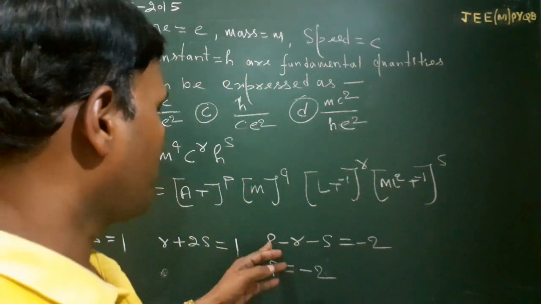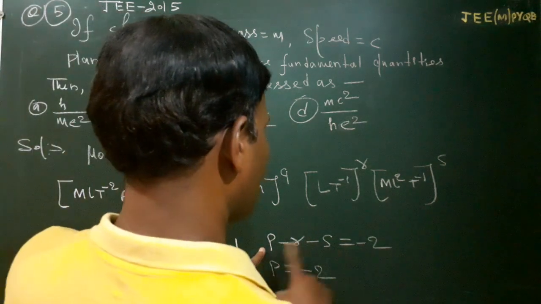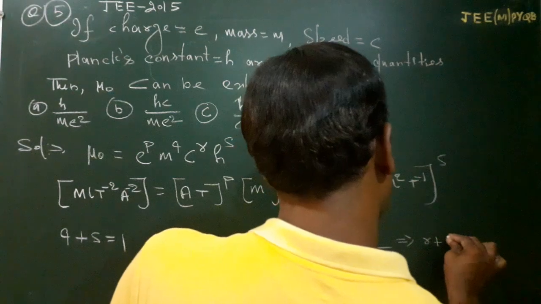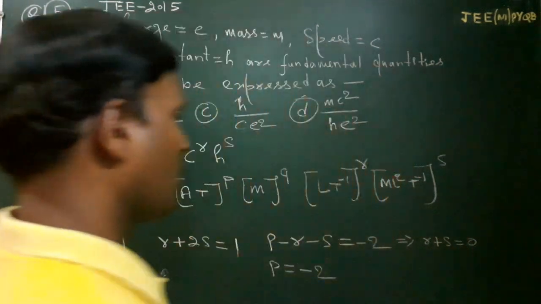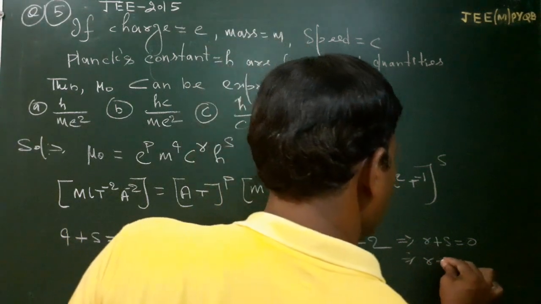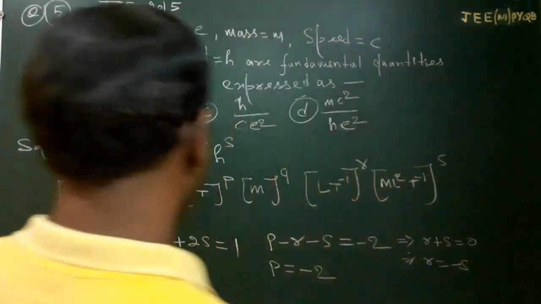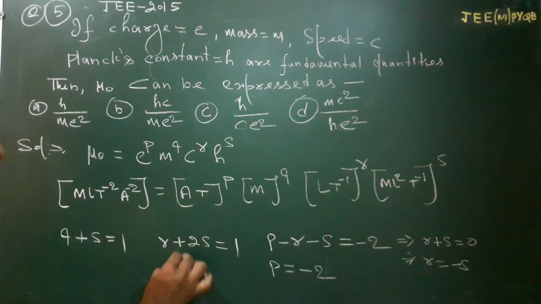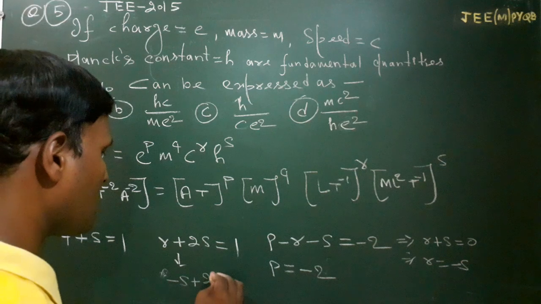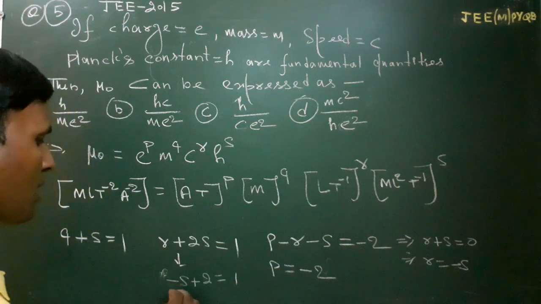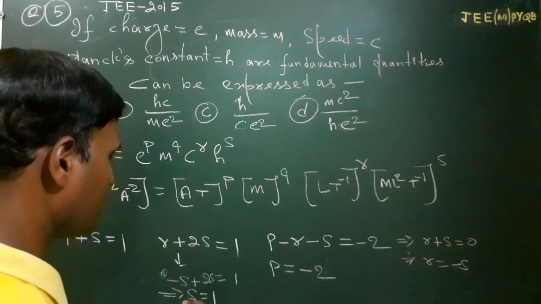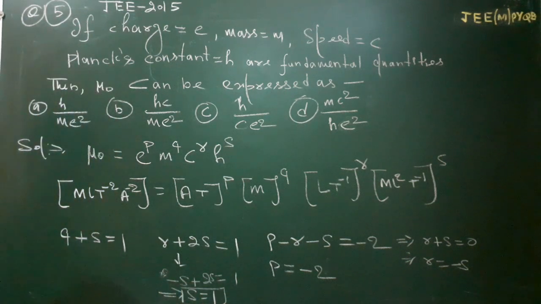Now put the value of P in this equation, minus 2 cancels, that implies R plus S is equal to 0, so R is equal to minus S. Put R equal to minus S here, so R minus S plus 2S is equal to 1, and that implies S is equal to 1.